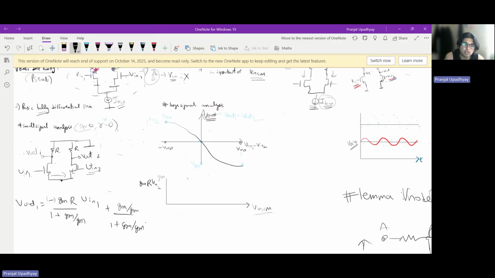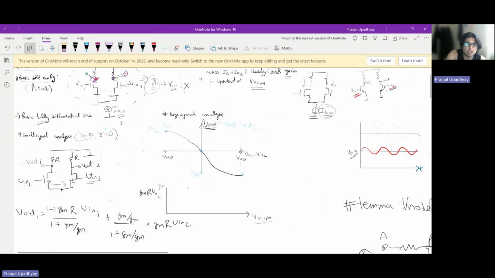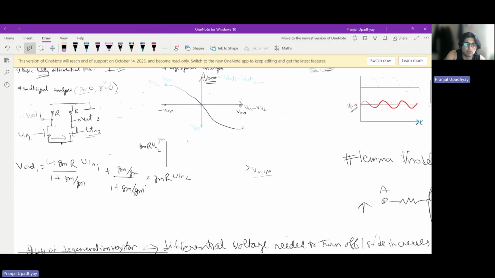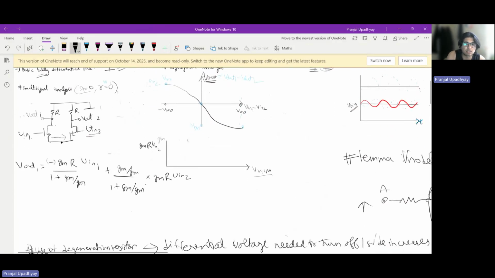And now whatever signal appeared here will now pass through this guy, and this is a common gate stage. And again, in the small signal, the gain of this will be what? gm times R, right? So we'll just multiply it by gm times R. And this is our signal, Vout1. And again, just by symmetry, we can easily comment on Vout2. First let us simplify this expression so we are able to make sense of it.